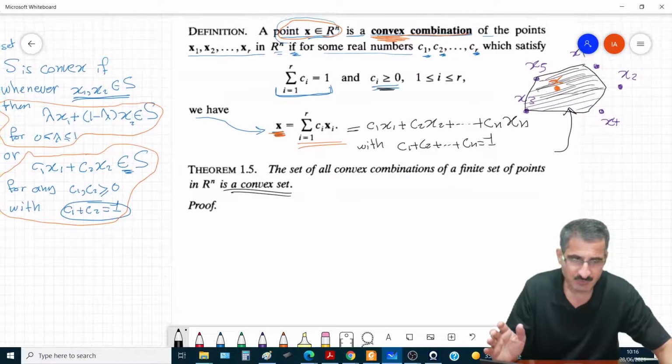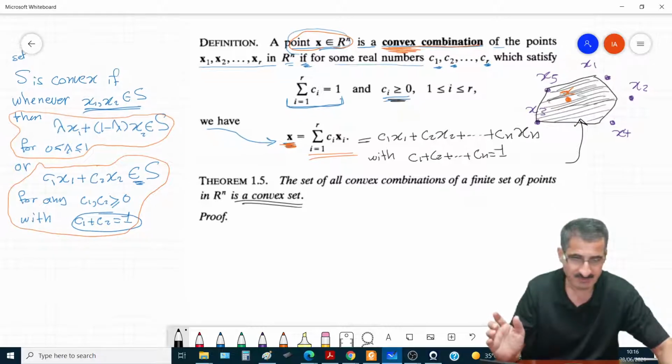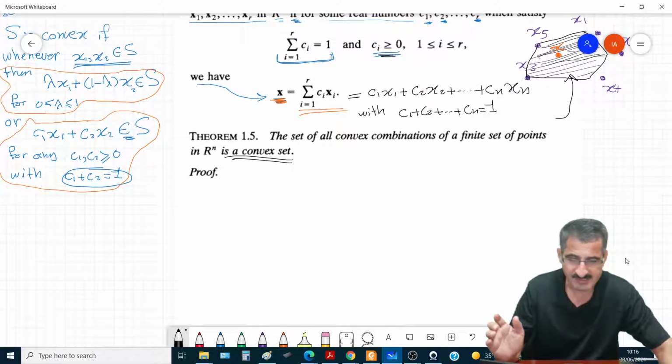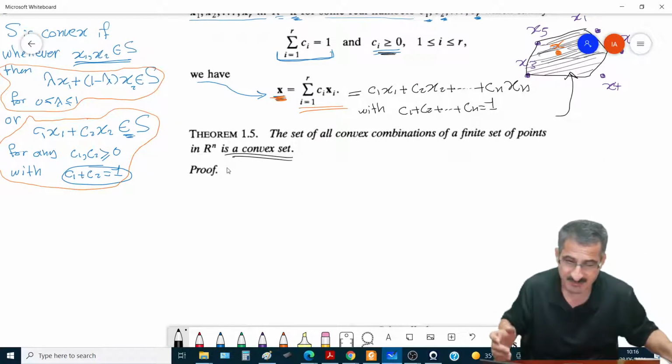Okay, so how to prove a set is convex? Now it is shown at the left. So we will choose 2 points. Here in the proof, this is an exercise actually, but I will do it quickly.